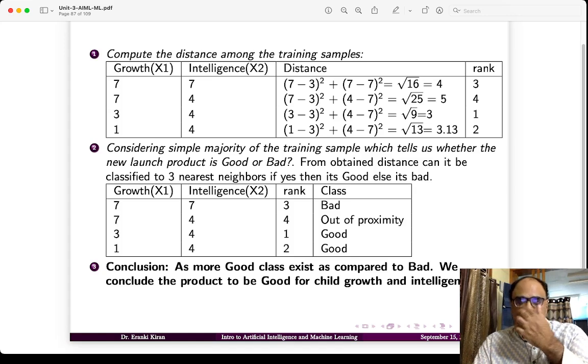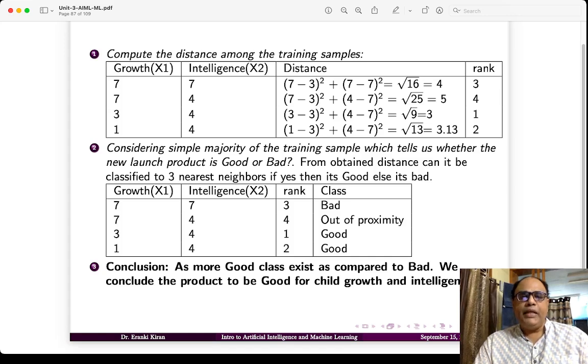Now, if we rank all these data points, the third row gets the first rank, followed by the fourth one, then the first, then the second. Considering the simple majority of the training samples, this tells us whether the new launch product is good or bad.